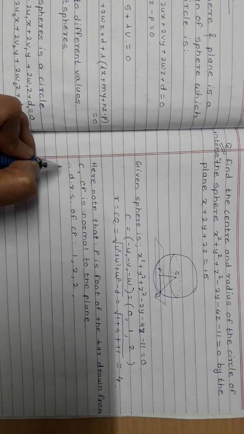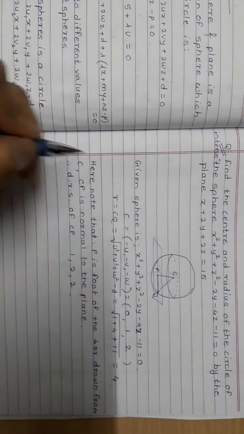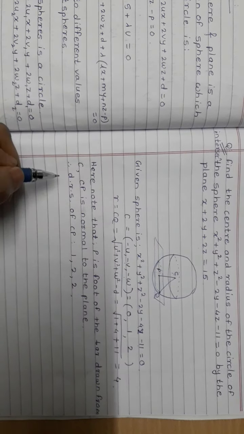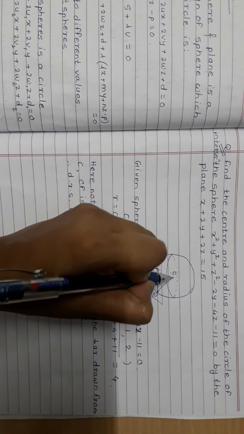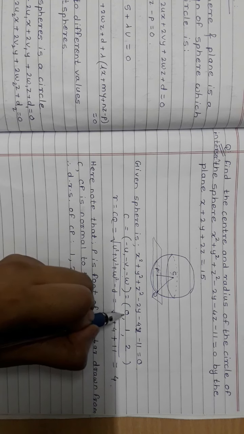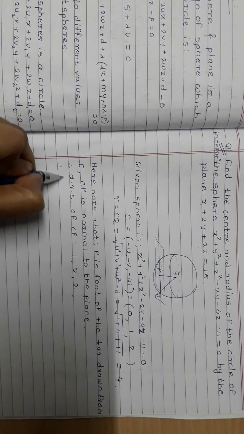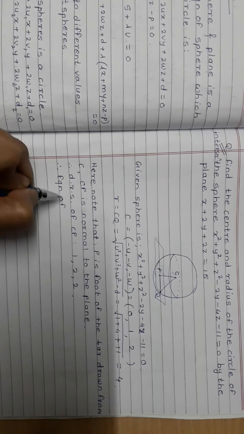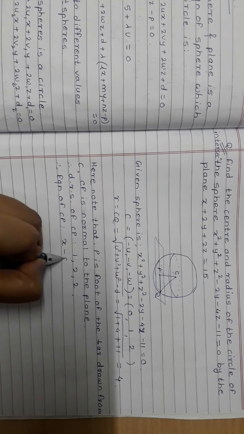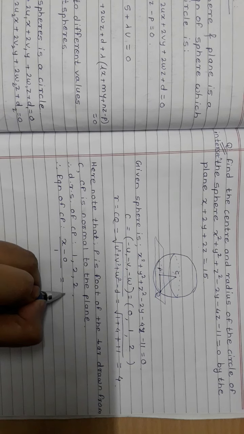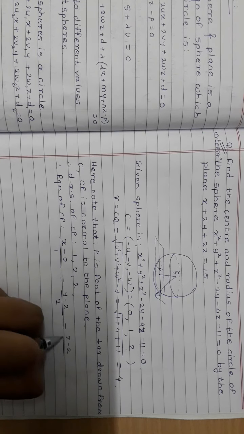And we want to find the equation of CP. So I need a point, and already I know CP is passing through 0, 1 and 2, right? So therefore what is the equation of CP? This is x minus 0 by 1, y minus 1 by 2, and z minus 2 by 2.